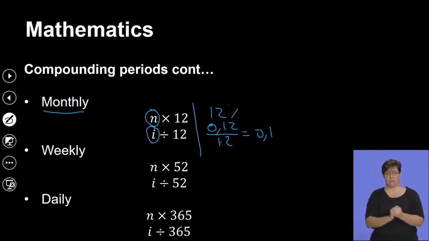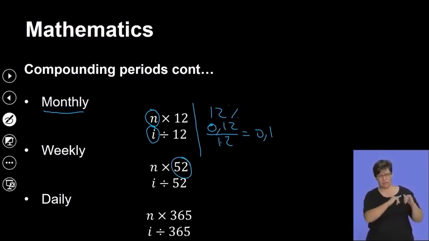Then also, if they try to push it, they might include what we call compounded weekly and compounded daily. We know that in a year we have 52 weeks, so you're getting the interest 52 times in a year, and your interest is divided into 52 equal bits and pieces.